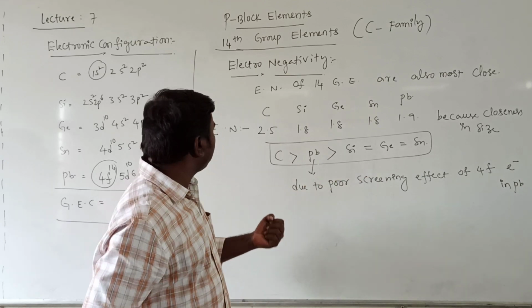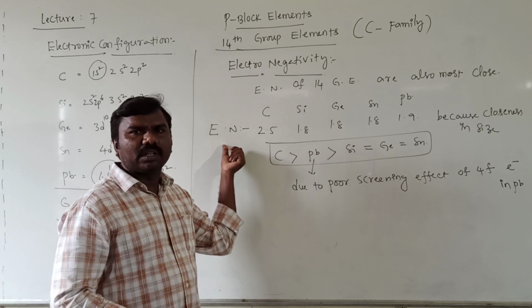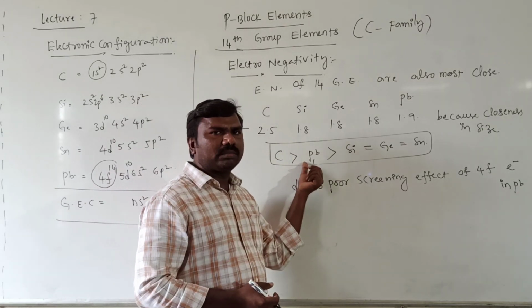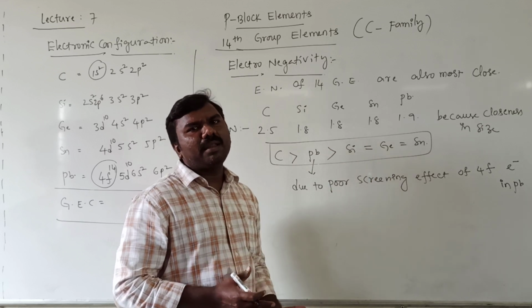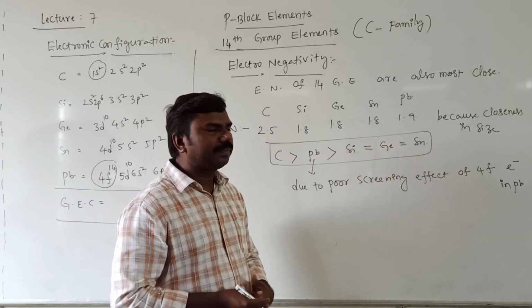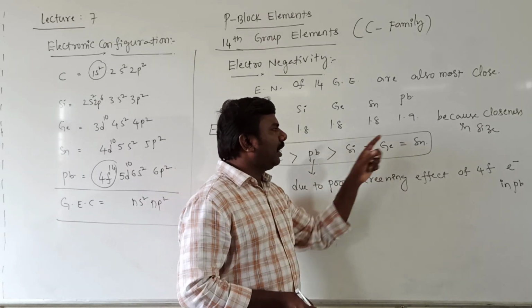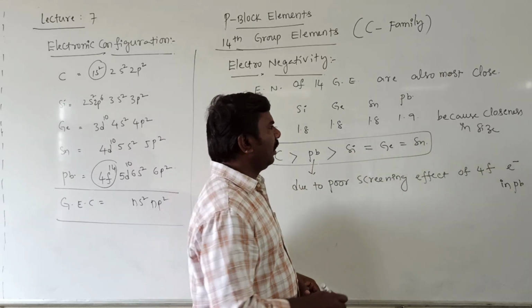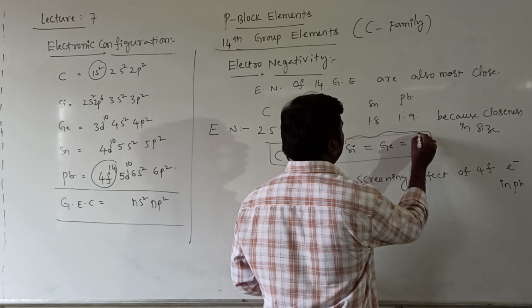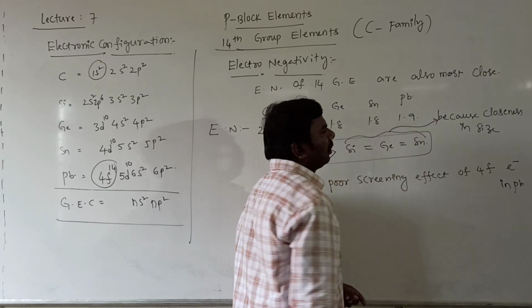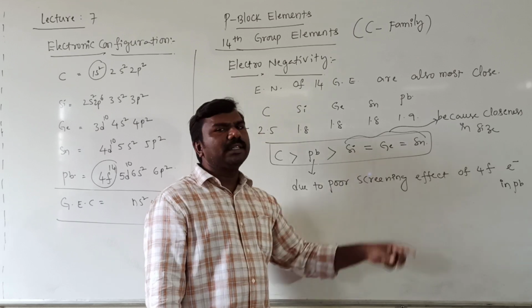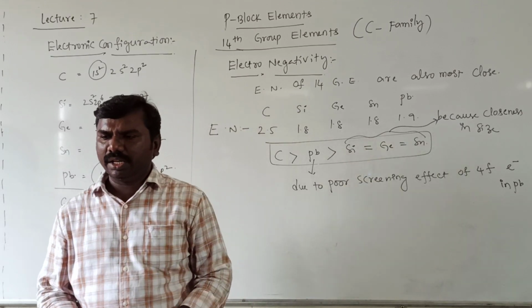This attraction tendency is called electronegativity. Clear? So that's why lead is more, even though it is a bottom element. Now silicon, germanium and tin have the same electronegativity, because for these three the size is almost close.